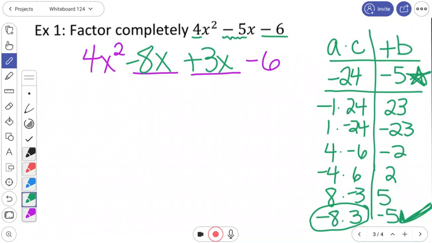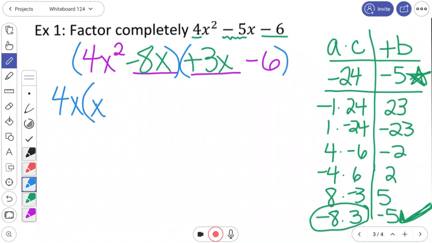All right, next step, we're going to group together our first two terms and our last two terms and take out a GCF from each of those. 4x squared minus 8x. They both are divisible by 4, and they're both divisible by x. So when you take 4x squared and you divide out a 4x, you're only left with x to the first power, or x.